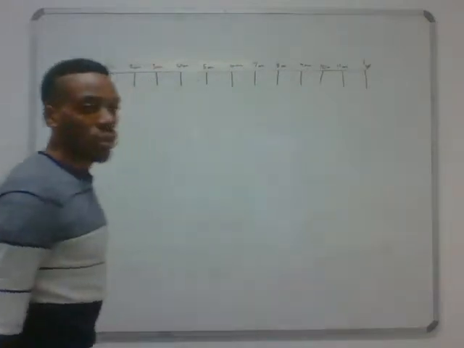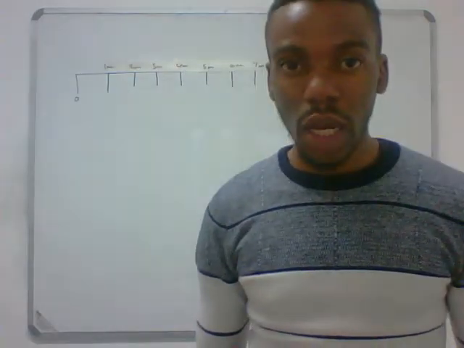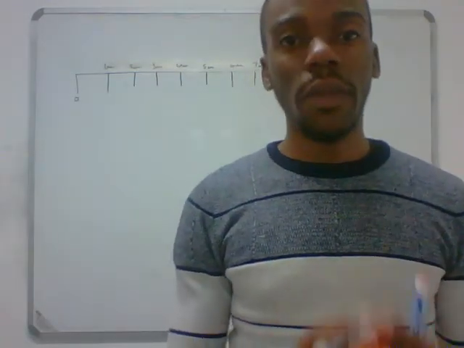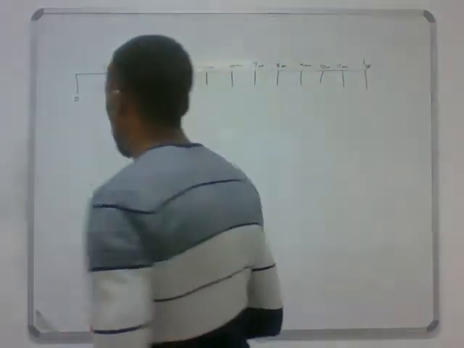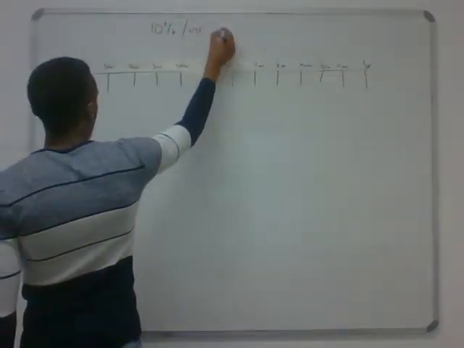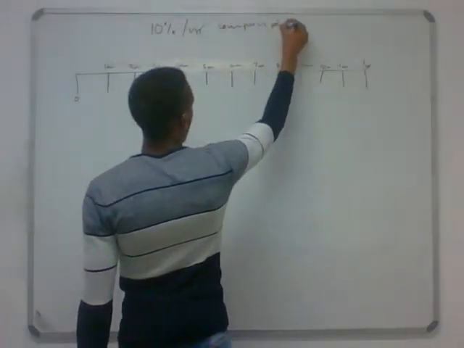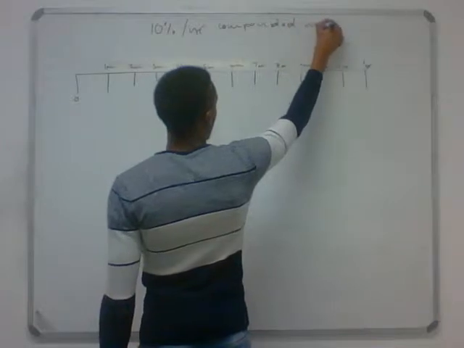Right. So let's say we're compounding at a rate of 10% per annum compounded monthly. Let me explain to you. So if 10% per annum compounded monthly.